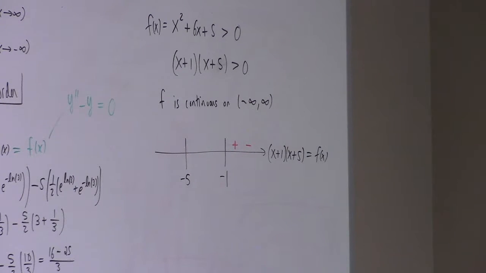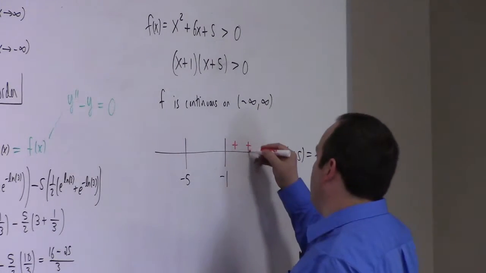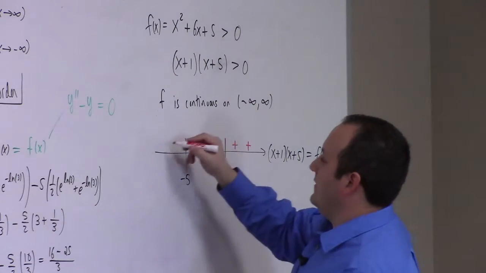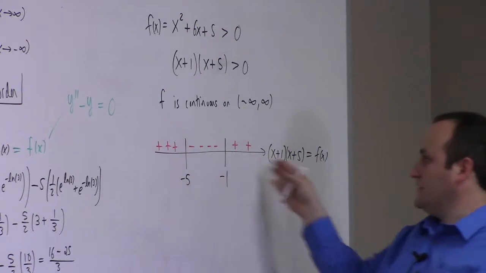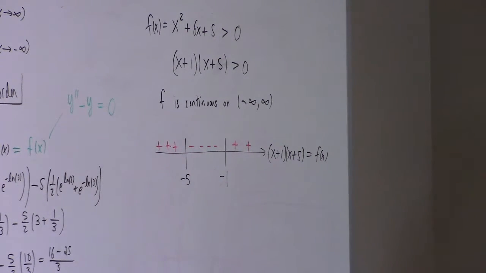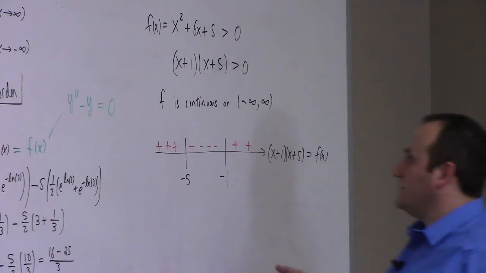So polynomials are very boring. They can only change signs at their zeros because they're continuous. And so we can make a sign chart for this. We just plug in a point, and you'll find that the function's positive here and negative in here. This completely characterizes where the function's positive and negative by the intermediate value theorem. So then I can just read the solution to the inequality.